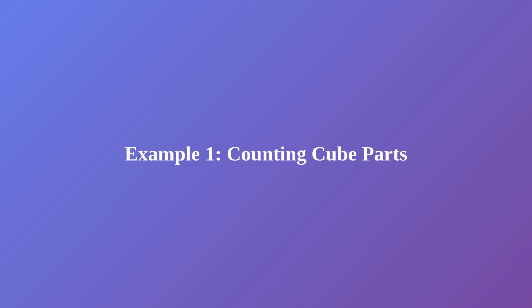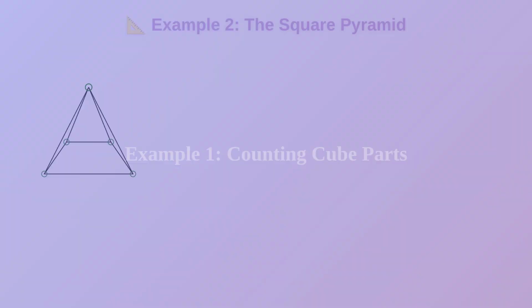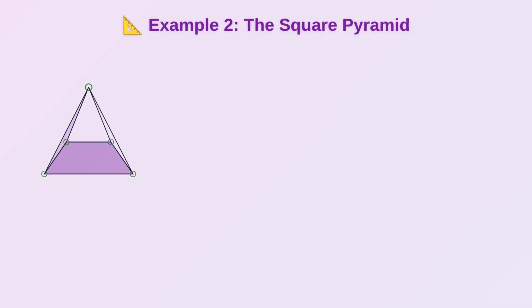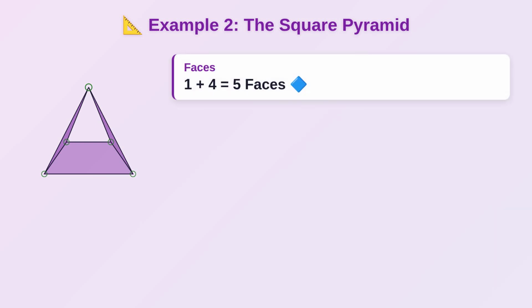A cube has 4 edges on top, 4 on the bottom, and 4 going vertically on the sides. That's 4 plus 4 plus 4, which equals 12 edges. And vertices? Count the corners. 4 on top and 4 on bottom. 4 plus 4 equals 8 vertices. Cube, 6, 12, 8.